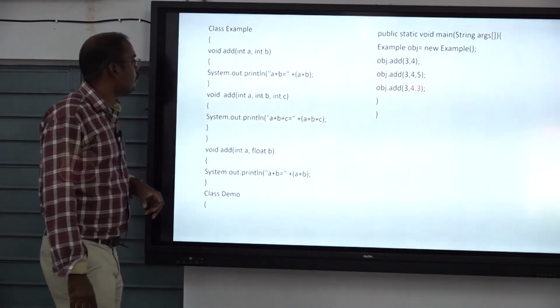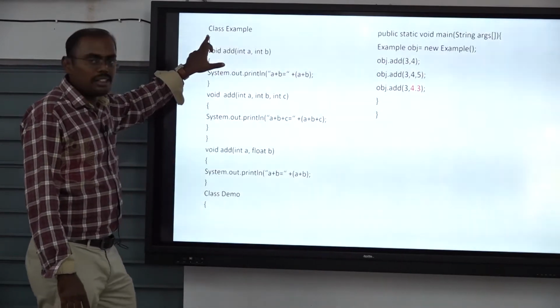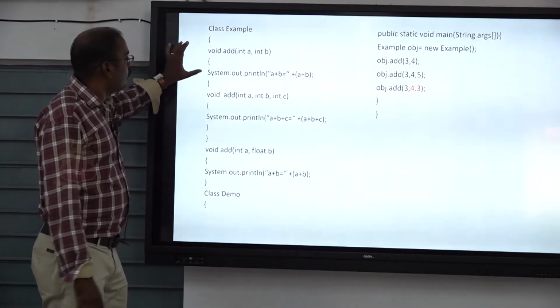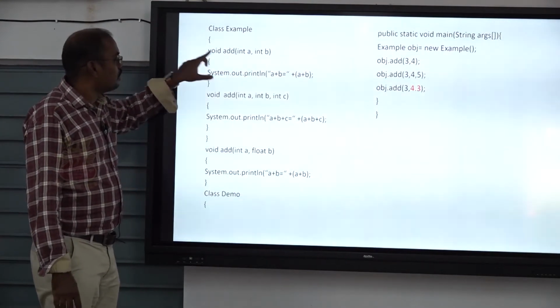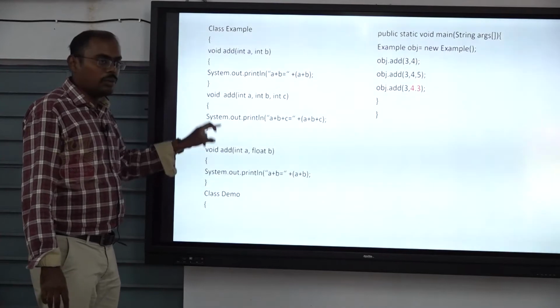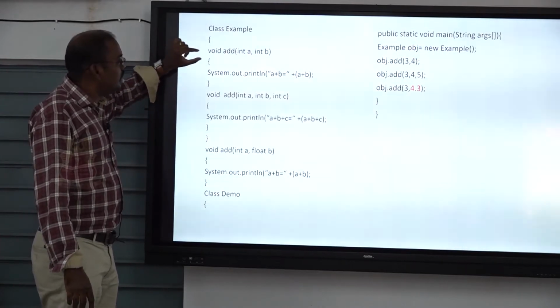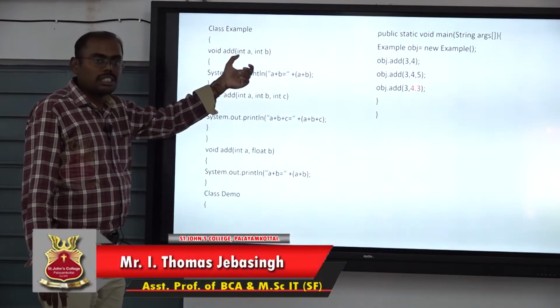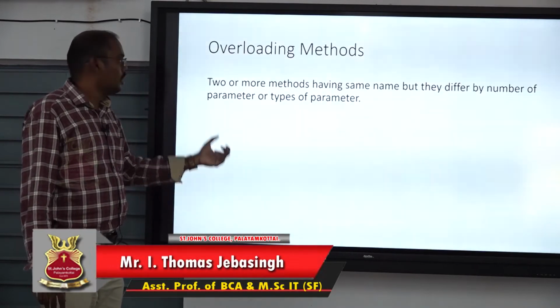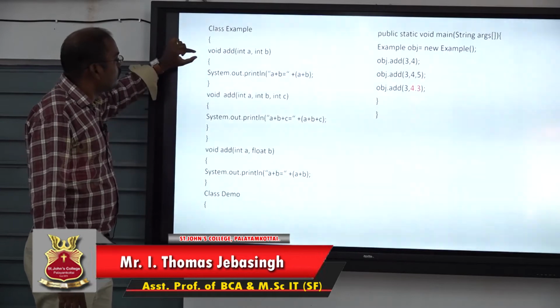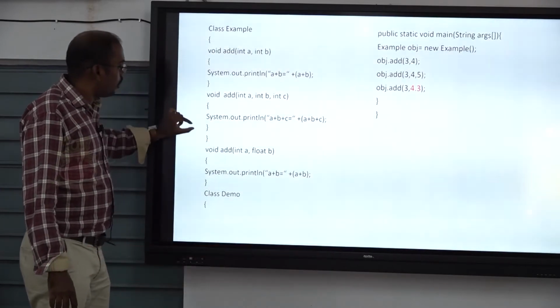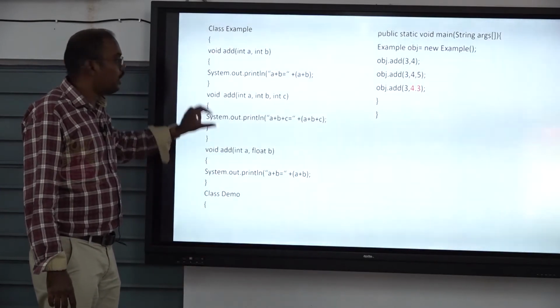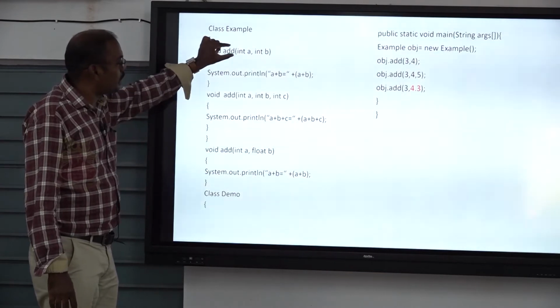Now see an example. We create a class Example. We create method void add. It is a single function name, but they differ by number of parameters and types of parameters.